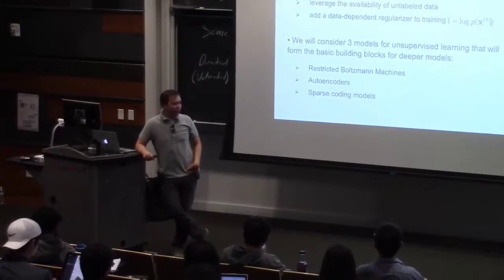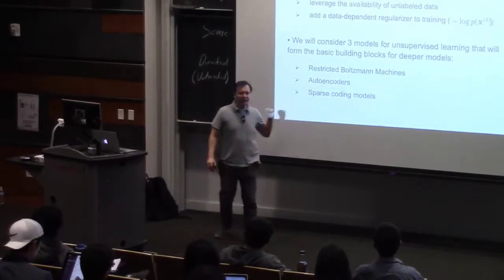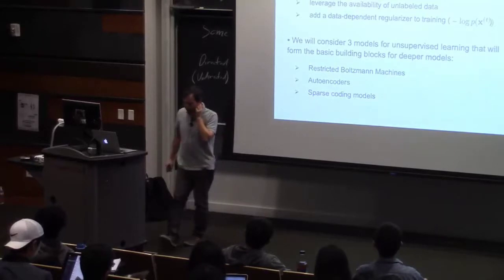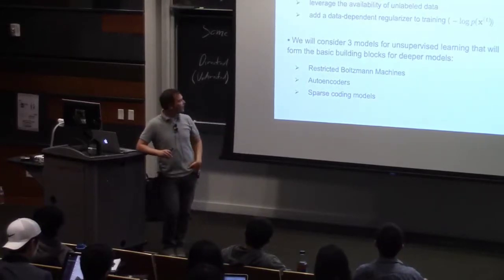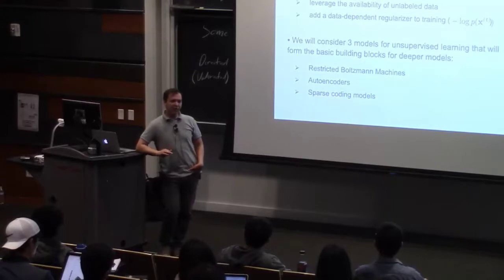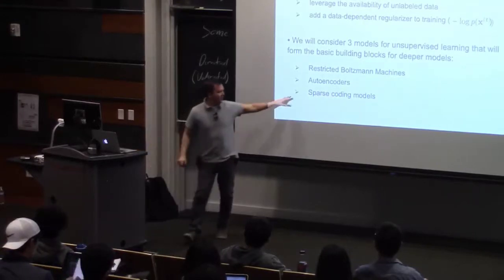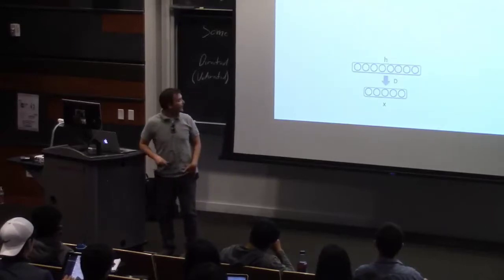We might not get through the entire model, but sparse coding models are quite old, about 20 years old, but so far they've been extremely successful, probably even more successful than autoencoders and restricted Boltzmann machines in terms of extracting interesting features.